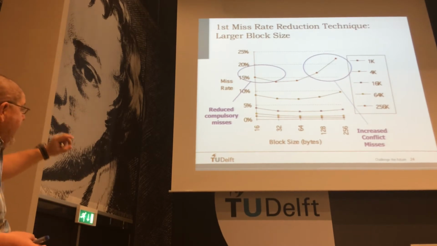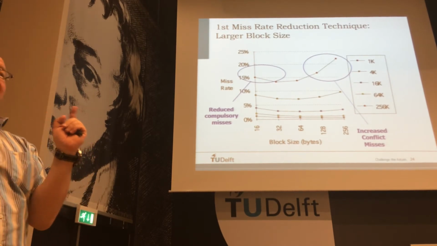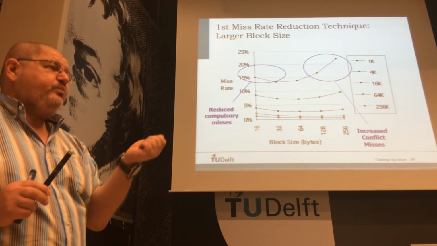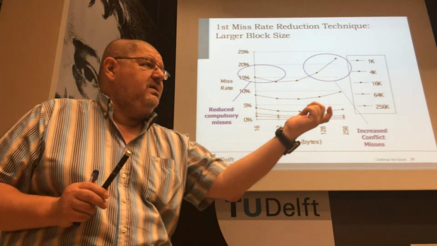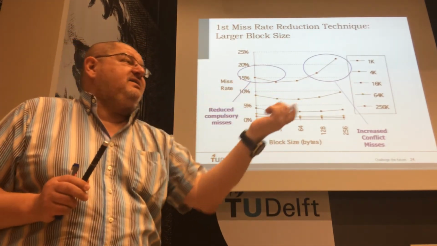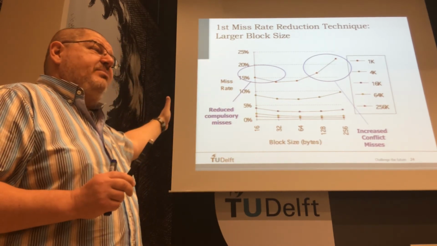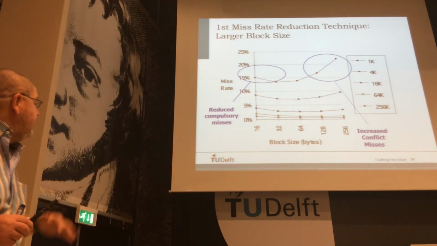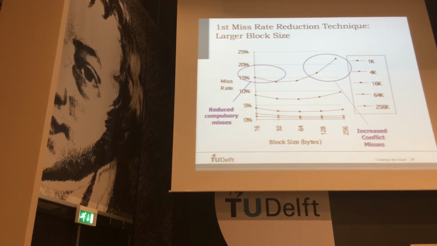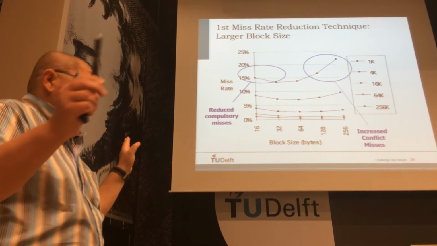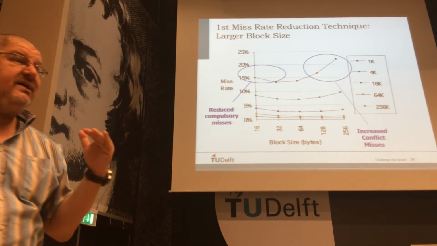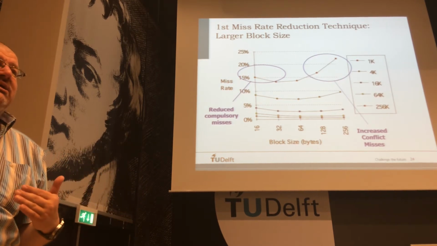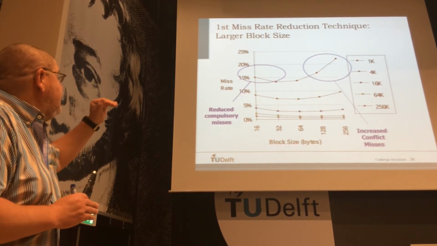Also, when I have small blocks, I'm increasing the number of compulsory misses, because I'm getting one small block, next time I'm getting another small block. The number of blocks for the same capacity is large, so the number of compulsory misses is increasing. What I learned from this diagram is that when the cache is big, the dimension of the cache line will depend on other things than the misses.